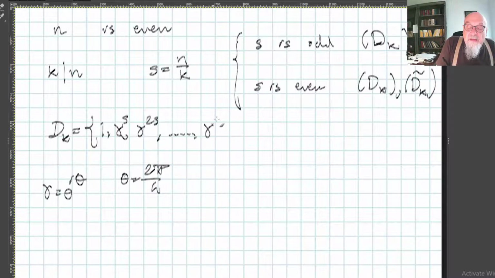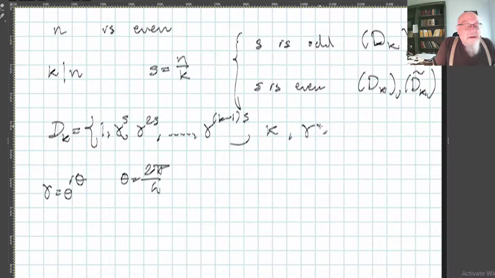And last one is gamma^((k-1)s), and then you have here kappa, and this is gamma^s kappa, and the last one is gamma^((k-1)s) kappa. So this is group dk.